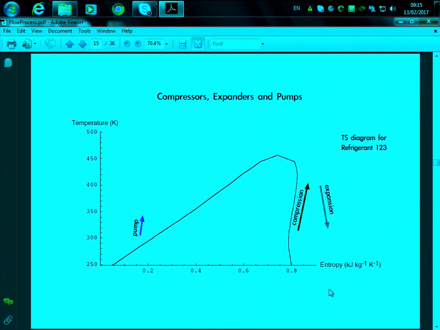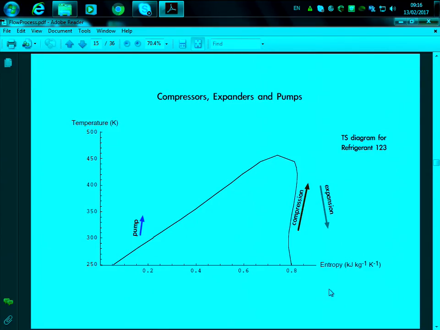So when we have a compression, the temperature will increase, and when we have a reversible expansion process, the temperature will decrease. Okay? And the entropy will normally be affected more as well, so this slope will be more pronounced than this one. This will be very small, as well as the other one.